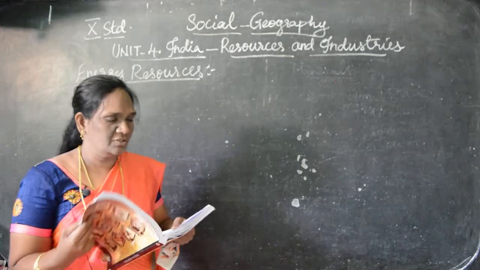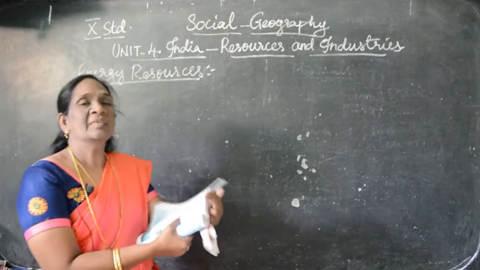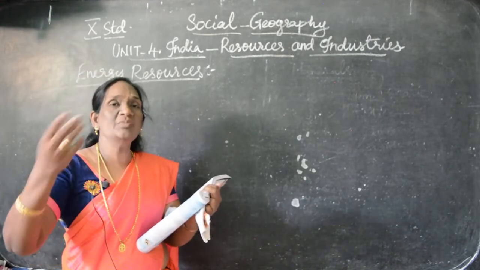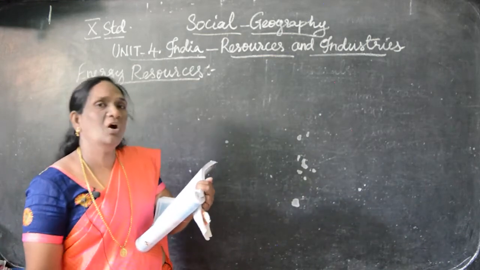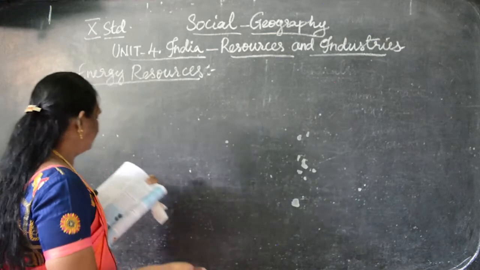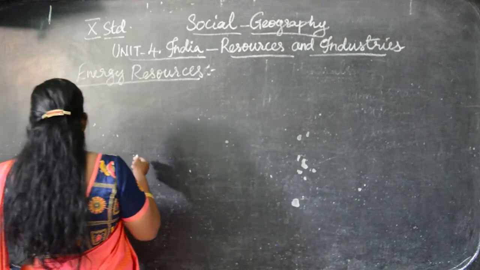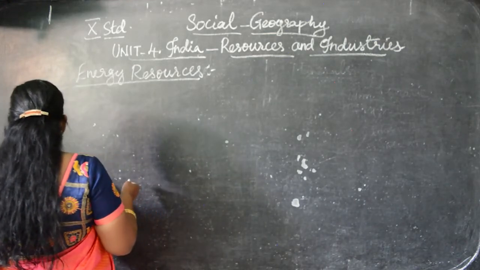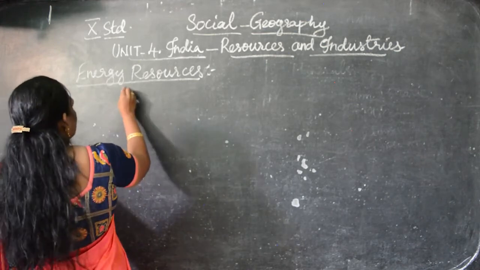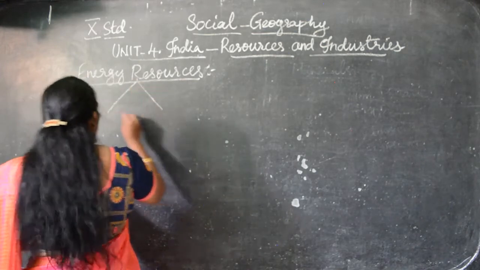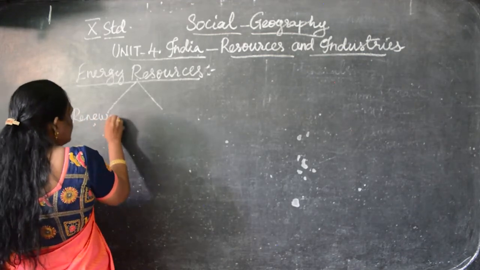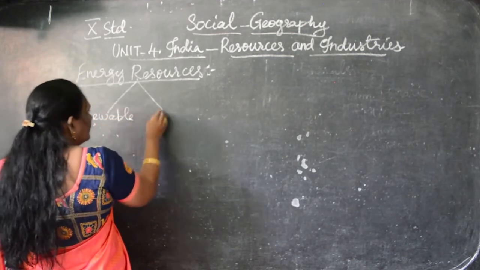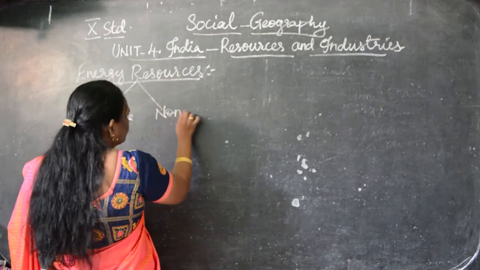We can classify these energy resources as coming from renewable resources as well as non-renewable resources. One by one we'll see. Coal, petroleum, these energy resources are of two types: renewable energy resources and non-renewable.